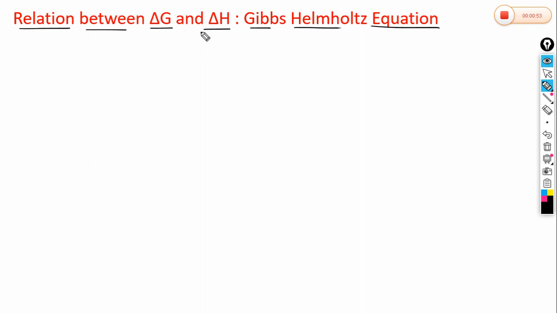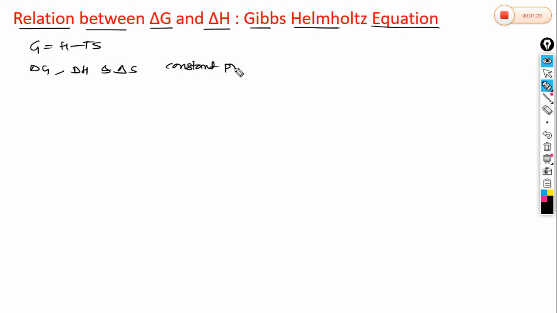We already know the Gibbs free energy function is given as G is equal to H minus Ts. A relationship between the quantities delta G, delta H and delta S can be established for a reaction carried out at constant pressure.